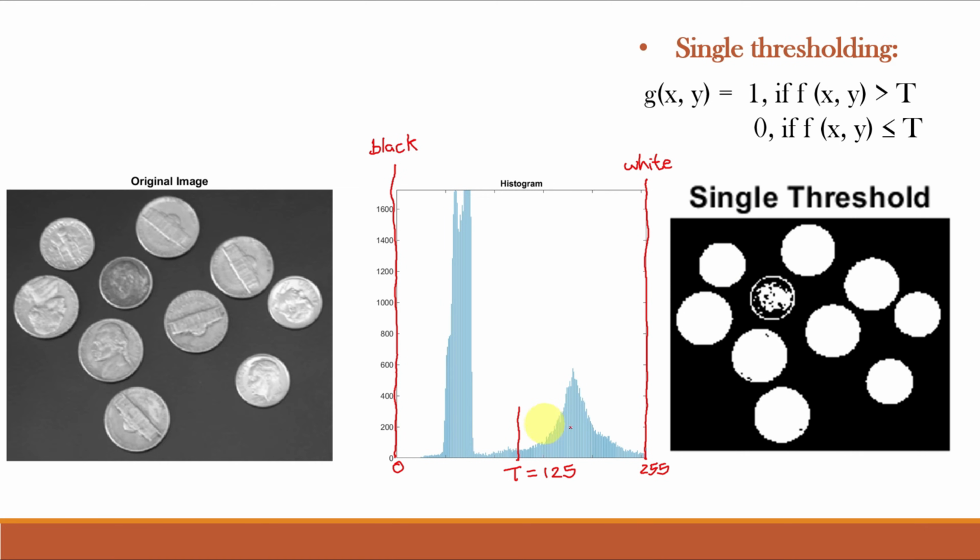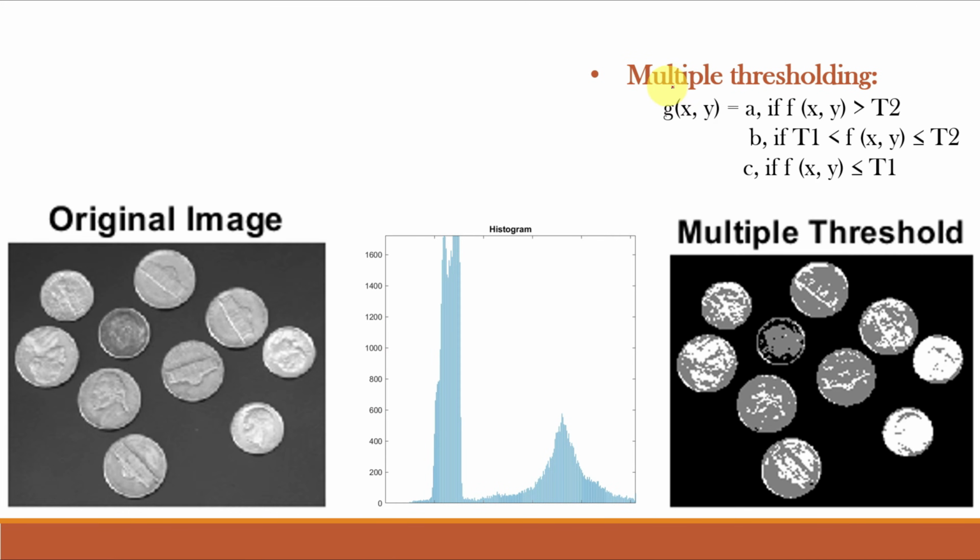If these blue bars are the histogram of the original image, then the single threshold image will have a histogram with only two values, white and black, which I have shown using red color. Other than the single threshold T, we can have multiple thresholding such as T1, T2, or even more. The same coins image with this histogram can be partitioned using multiple thresholds.